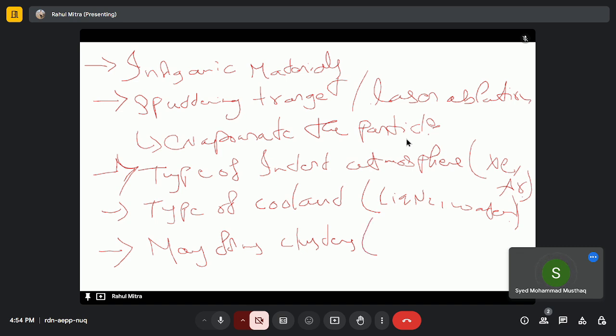So there is a need for controlling the process parameters. This is a bottom-up approach. Why? Because we are evaporating the atoms, then we are coalescing them to form the nanoparticle. So it is a bottom-up approach because we are coming from atoms, right?